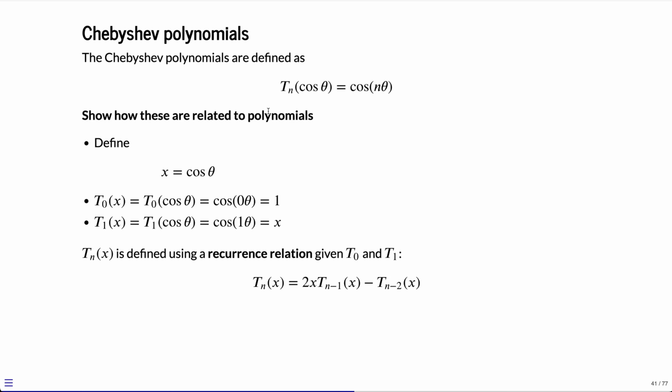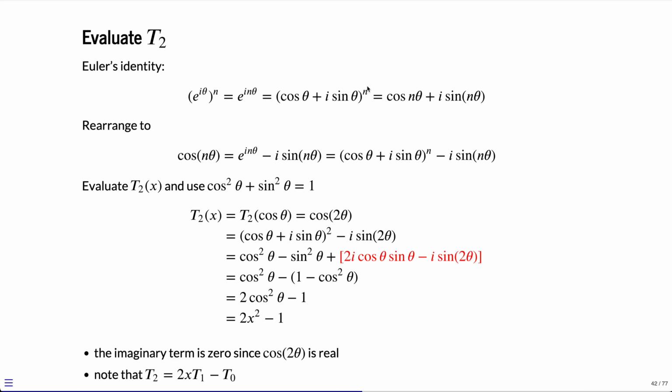So we can show explicitly for n equals 2 in this formula if we use Euler's identity. In that case, e to the i theta quantity to the power n is the same as e to the i n theta, and this is going to give us cosine theta plus i sine theta to the n, which is the same as bringing the n argument inside because of this power definition.